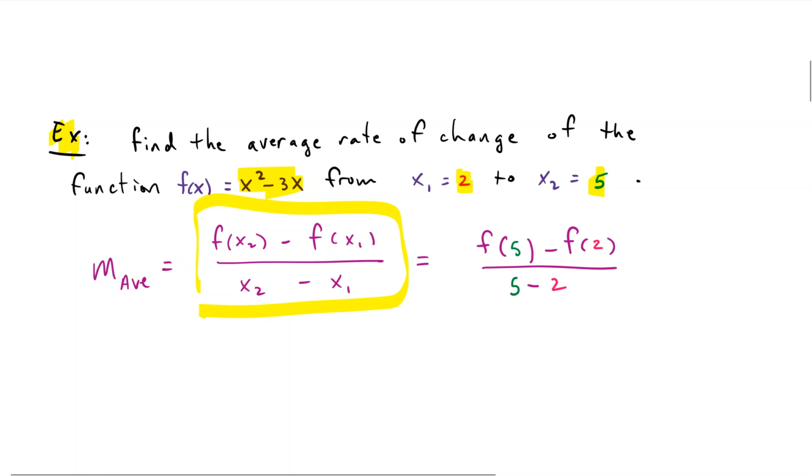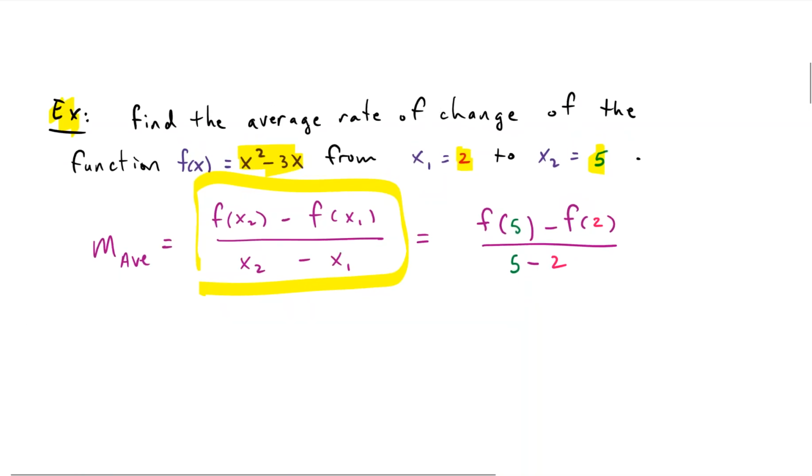So we have f of x2 minus f of x1 over x2 minus x1. And we just keep going now. So the f we said was x squared minus 3x. So we have something squared minus 3 times something.